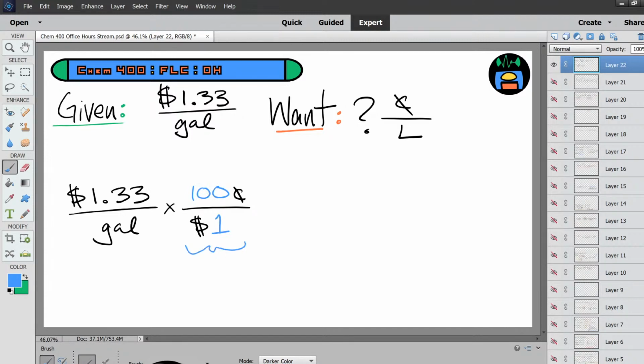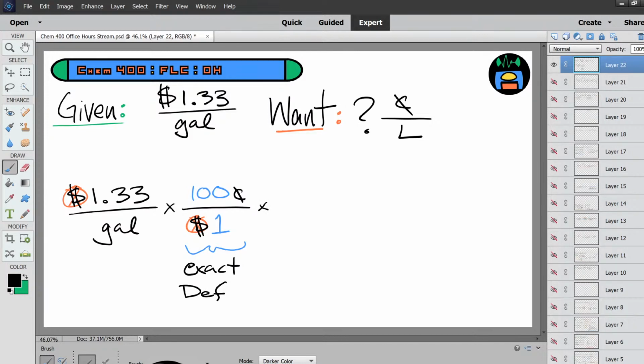And this is exact, right? It's not like we went out in nature and measured; there's 100 cents in a dollar. This is a definition. So that will not limit our sig figs. Dollars will cancel dollars just fine. Sig figs aren't affected.